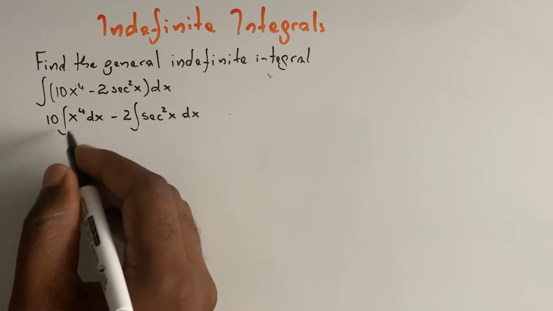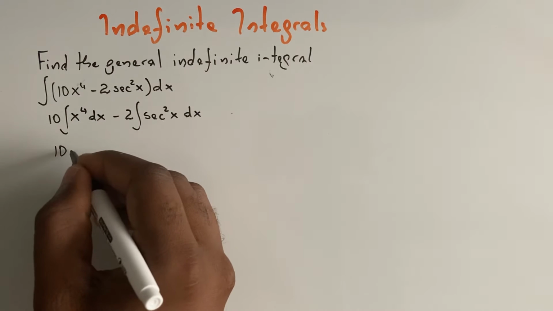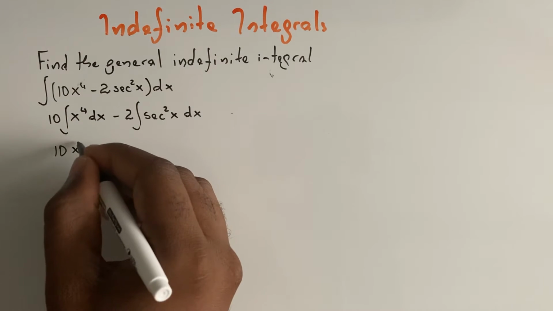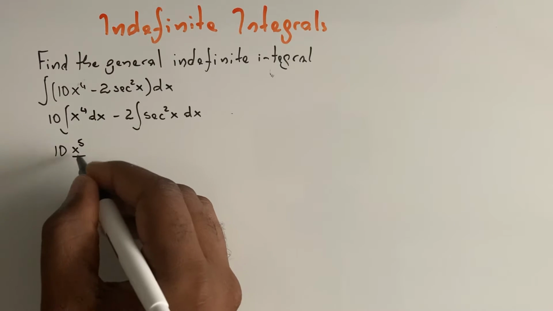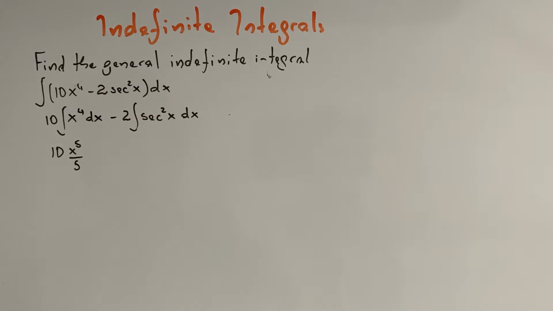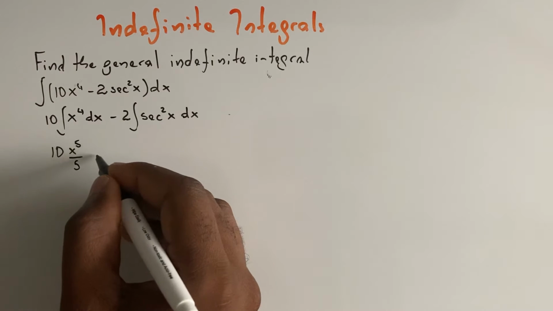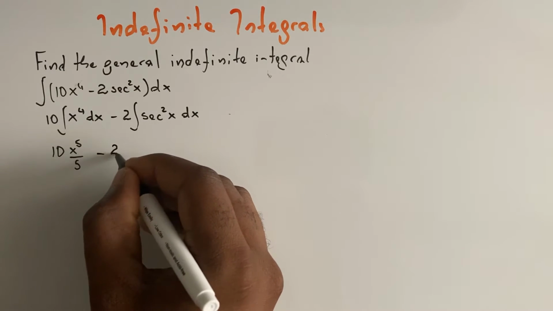For the first part here, all you have to do is 10 times, now this is like x to the 5th. Add 1 to the exponent here, then you divide by what you have, so 5. So x to the 5th divided by 5 minus 2 times.